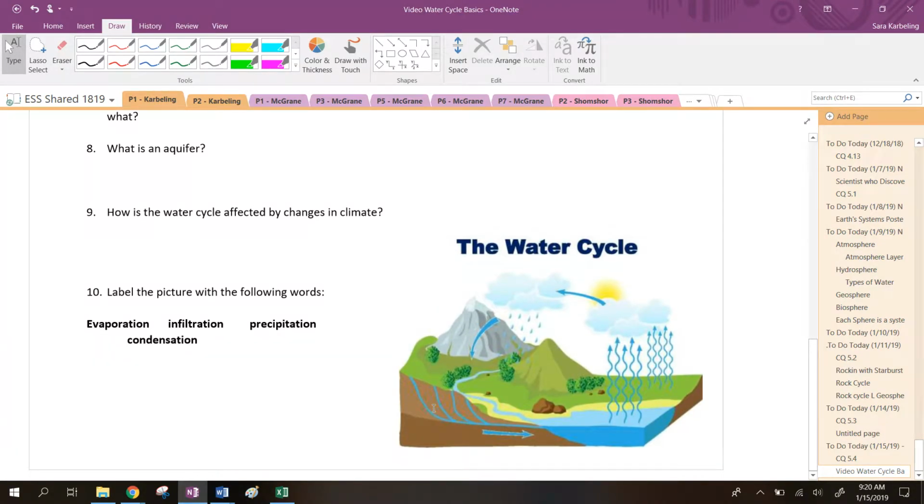Other questions? This is what the in color version of your water cycle looks like. Help me out. Where does each of those labels need to go? Give me a start, Elena. What you got? The squiggly lines over here. Go, Beth.